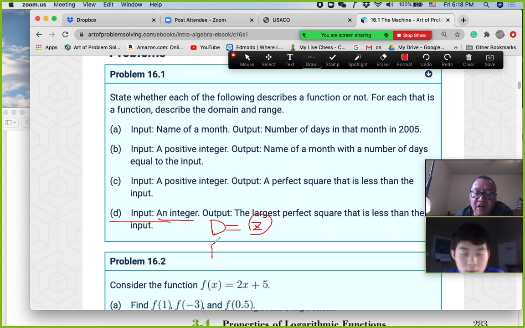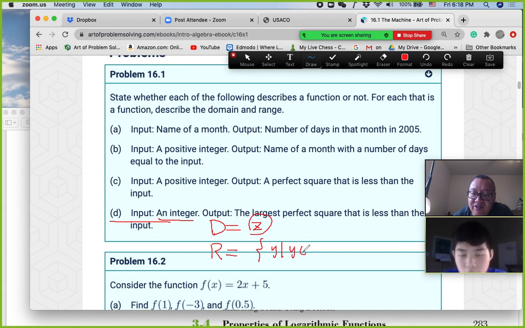So what is the range of this function? 0 to infinity. Actually, no, this is still integer. Suppose this one you can use y.